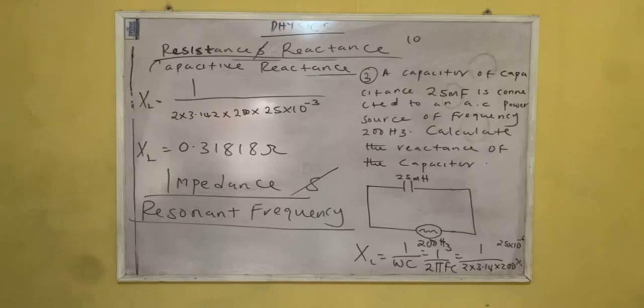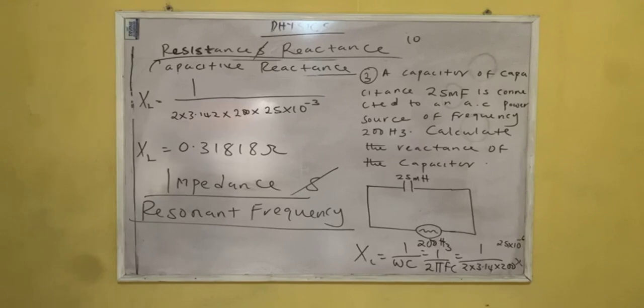So, how do we explain impedance? We say that impedance has to do with the overall opposition that is being offered to the passage of an AC in a mixed circuit. It's just an overall opposition. It incorporates the inductive reactance, capacitive reactance, and also what we call the resistance itself.